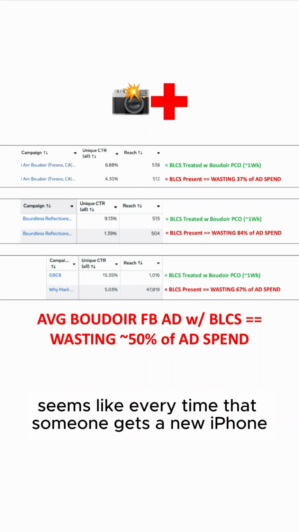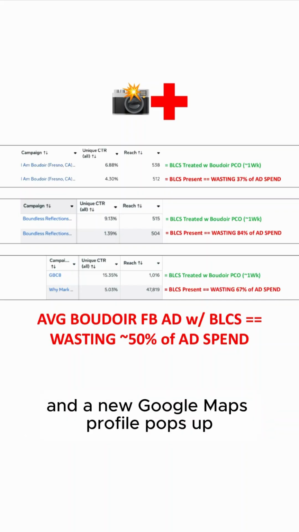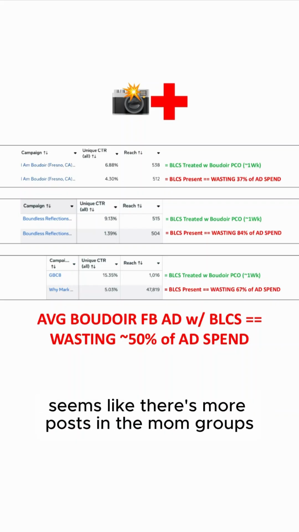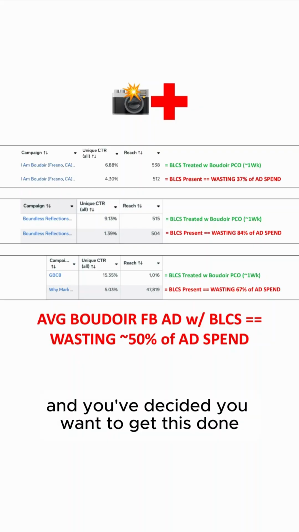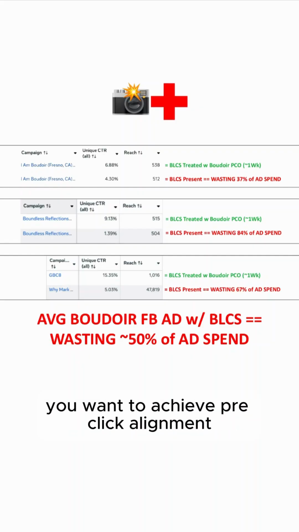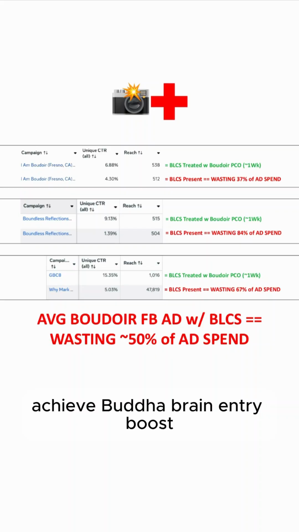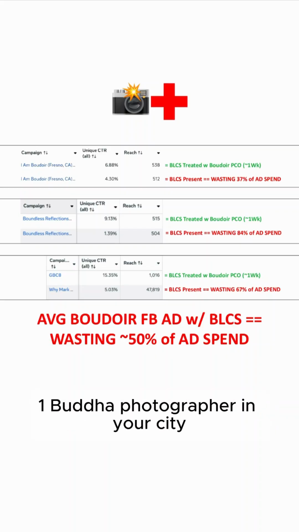Seems like every time someone gets a new iPhone, a new Google Maps profile pops up saying they offer boudoir, or anytime someone gets a new camera, seems like there's more posts in the mom groups offering boudoir shoots. And you've decided you want to get this done. You want to achieve pre-click alignment, become a dominant boudoir advertiser, achieve boudoir brand entry boost so you can be on your way to becoming the #1 boudoir photographer in your city.